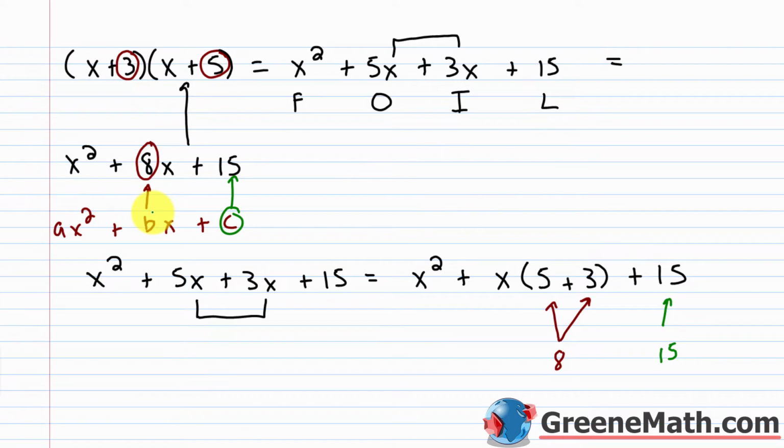Let me erase this real quick. Let's say I started out with x squared plus 8x plus 15, and I said, go ahead and factor this into the product of 2 binomials. Well, start with what you know. You'd have 2 sets of parentheses like this, and it's very easy to think about what goes here and here.